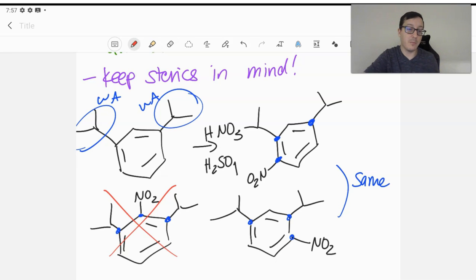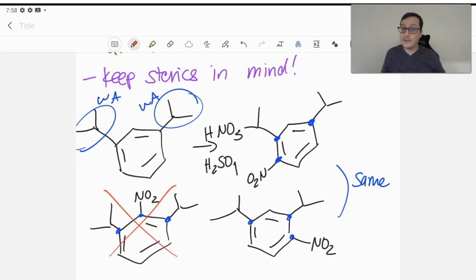But ortho to both of them puts it in between two bulky groups. And remember, isopropyl groups are pretty big. There are quite a few atoms. And they're rotating, so they're just like, nope, don't come near me. I am propelling here. Nothing's going to come in between us. But those other positions are like, I can kind of sneak in there maybe. Still not ideal, of course. It's a hindered group, right?